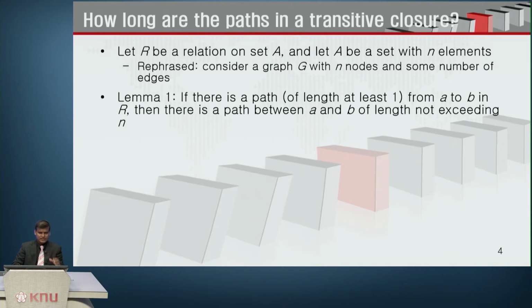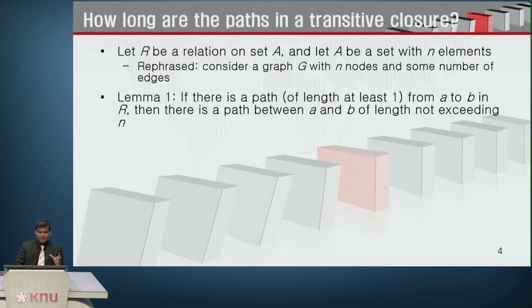If there is a path of length at least 1 from A to B in R, then there is a path from A to B of length not exceeding n. Just to rephrase it again, we know that R is a relation on set A, and A has n elements in it.